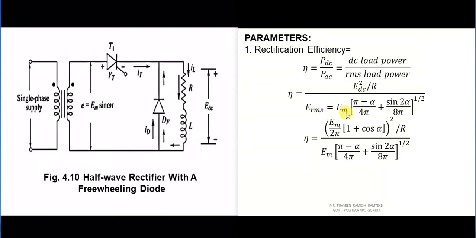ERMS equals Em times (pi minus alpha over 4 pi plus sine 2 alpha over 8 pi) raised to the power half. If we calculate this, then we will get this formula. It's a big formula. So eta is equal to Em by 2 pi (1 plus cos alpha) whole square by R divided by square root of Em times (pi minus alpha over 4 pi plus sine 2 alpha over 8 pi).